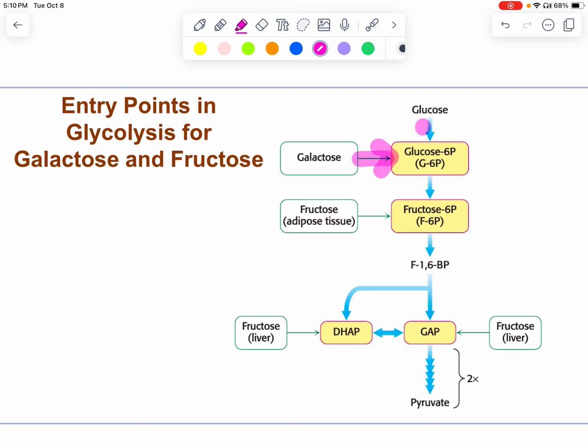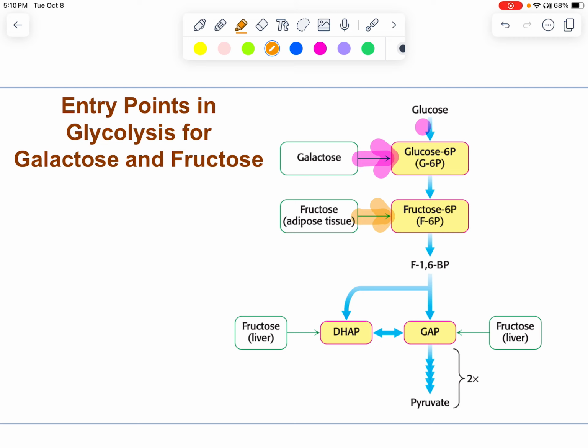Fructose can actually come in several spots. One of them, if you have fructose in tissue like fat cells, it can get phosphorylated and enter right here when we first made that phosphorylated fructose ring. But most of the fructose from your diet is going to enter through the liver.